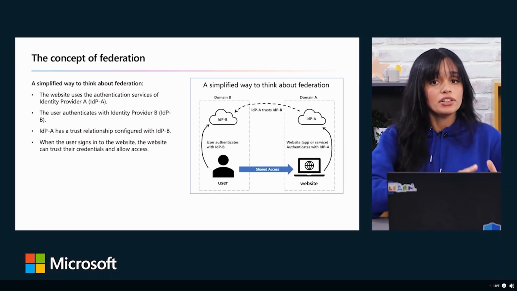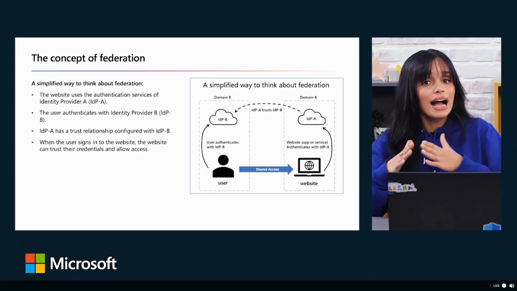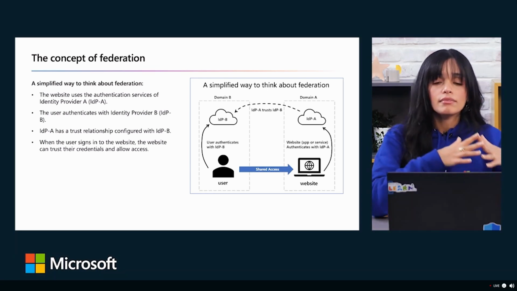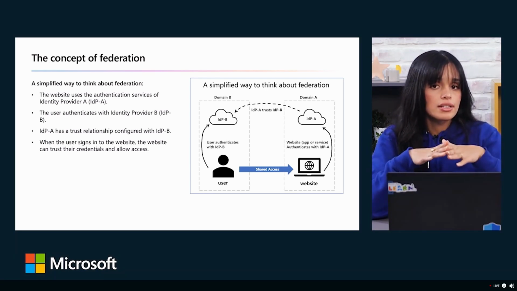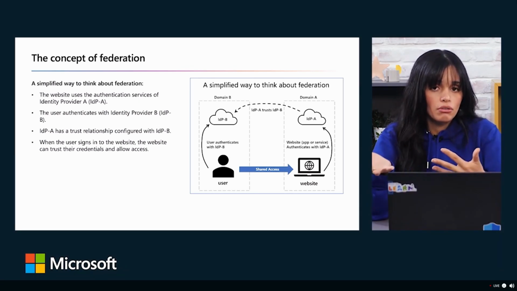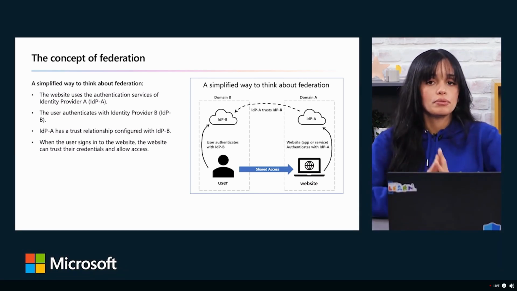Now, in this particular example, we have trust relationship built between identity provider A and identity provider B. And again, it's important to understand that this trust relationship doesn't have to be bidirectional. In this case, we see it in the picture, it's in one direction.